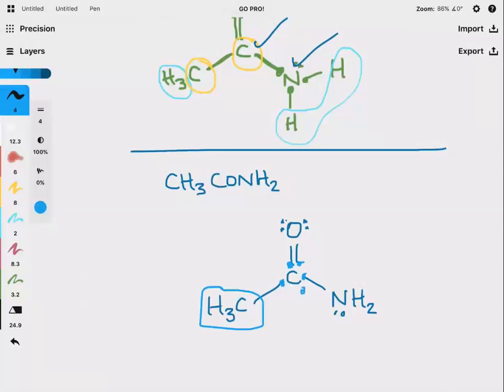It's 0. What about our oxygen? It's a group 6, so its valence shell has 6 electrons, and here we have 6 electrons: 1, 2, 3, 4, 5, 6. So that oxygen has a charge of 0. What about our nitrogen? It's a group 5 element, so its valence shell has 5 electrons. Do we have 5 here? Yes, we do. This nitrogen has 1 electron there, 2, 3, and then remember our 2 H's that are bonded to it.